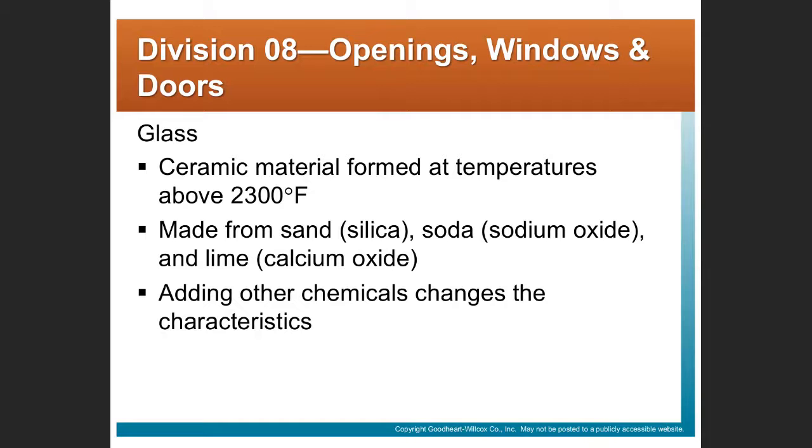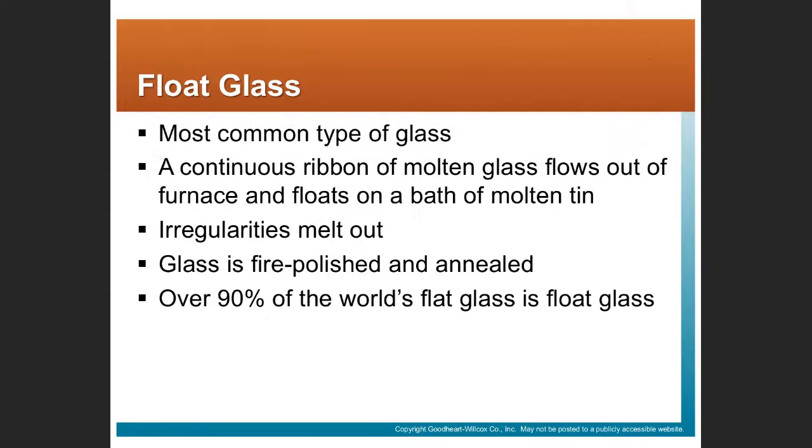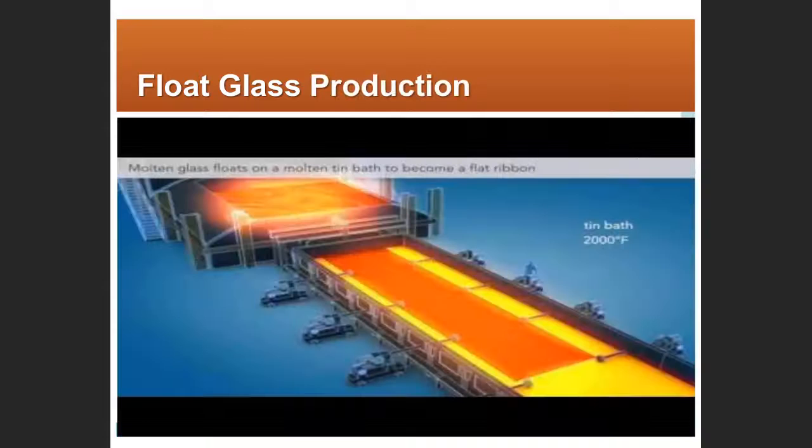My apologies. So float glass, the most common type of glass, as you'll see in a minute: a ribbon of molten glass comes out of a furnace and floats on a bath of molten tin. So that's how we make float glass. So let me show you what that looks like here.